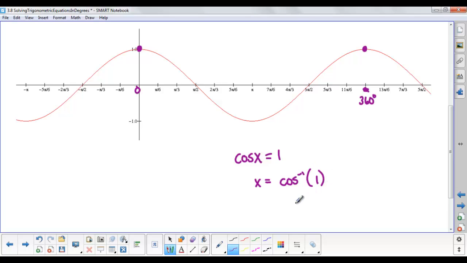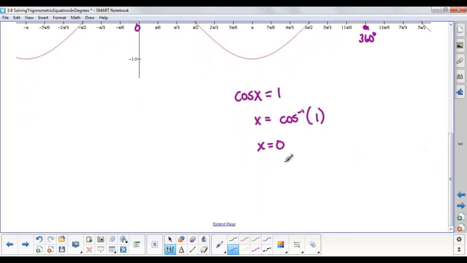Again, make sure your calculator is set in degrees, and you should get 0, which corresponds to what we have on our graph. To get any subsequent angles that will also give you 1, we could take our original answer and add 360 degrees, kind of like finding coterminal angles. So the next time that the cos graph will equal 1 is when x equals 360 degrees.